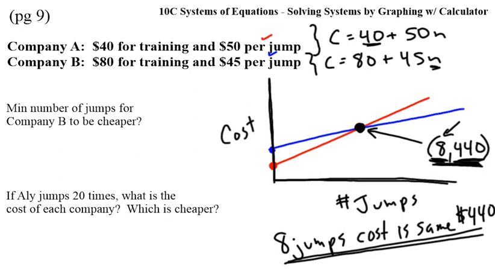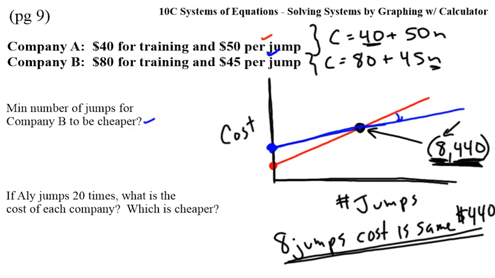So what's the minimum number of jumps for company B to be cheaper? Well, note that B is blue. So we see the cost is higher and it's even at 8 jumps. So when does it become a lower cost? After 8. We can see that on the graph.